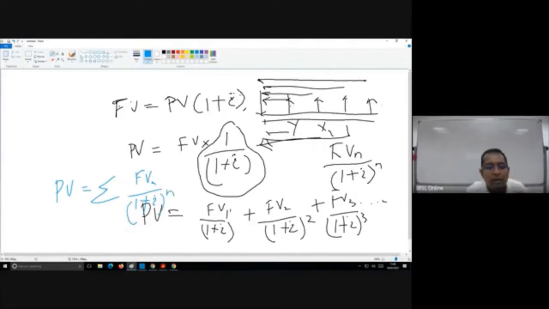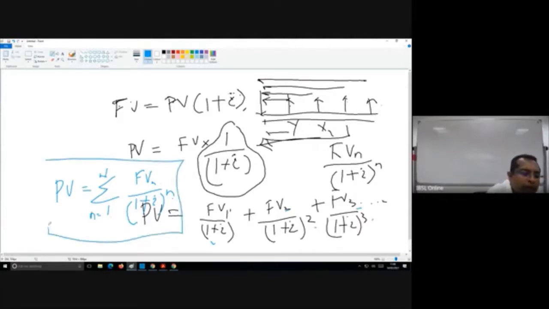See, n equals 1 to capital N. When n is 1, you get this formula: future value 1 over 1 plus I to the power 1. Future value 2, this one. Third year, n is 3. Like that.